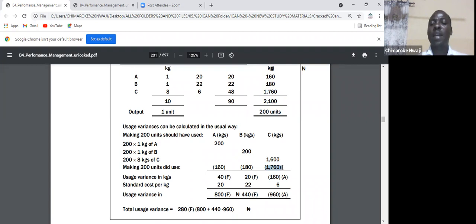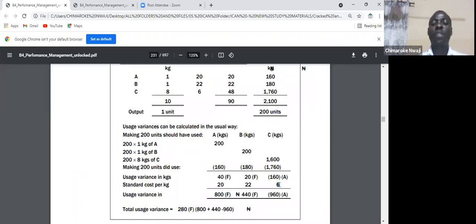When you compare, it means you used more than what you budgeted, what the standard was. And so the difference of 160 is adverse. And if it costs you 6 naira, it means 160 adverse times 6 naira will give you 960 adverse.